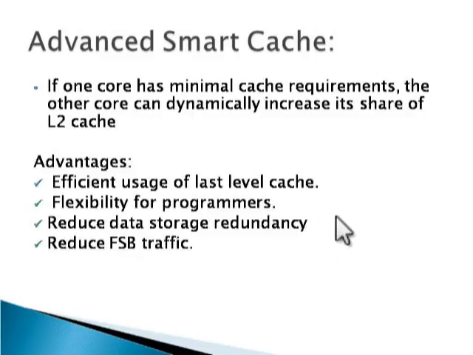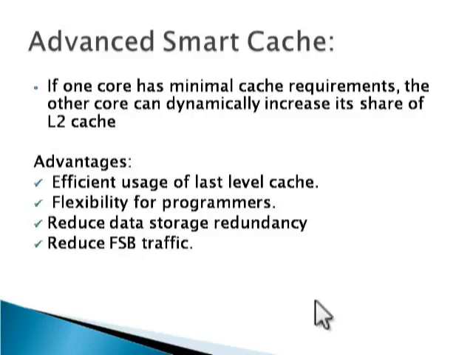The same data only needs to be stored in one space, and it will also reduce the front side bus traffic. The effective data sharing between the cores allows data requests to be resolved at the shared cache level instead of going all the way to the system memory. As a result, the front side bus traffic will be reduced. So this is about the advanced smart cache.